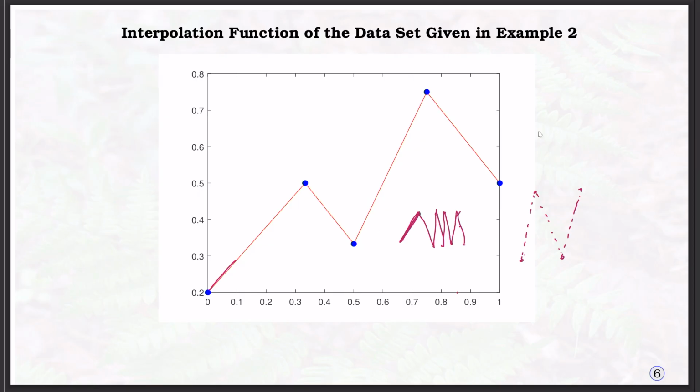Say for example, if you have data points here and here and here and here and here, it will give a function like this one and this one and this one and this one. When you zoom in on this curve, between these two data points, the curve is continuous.